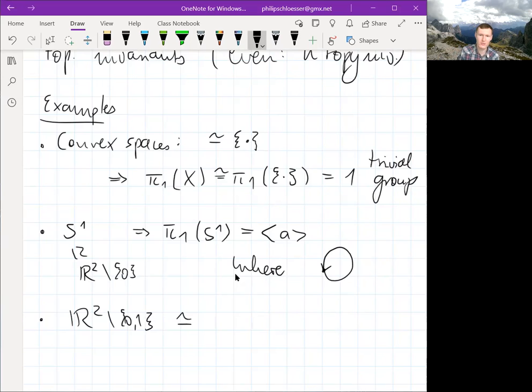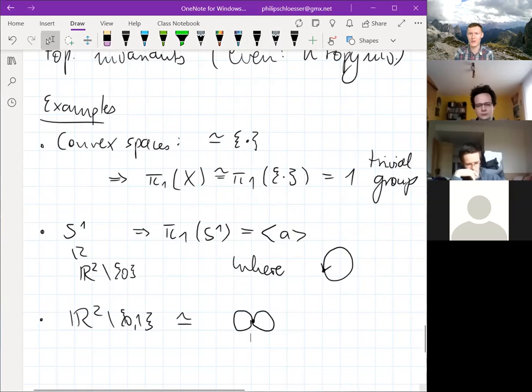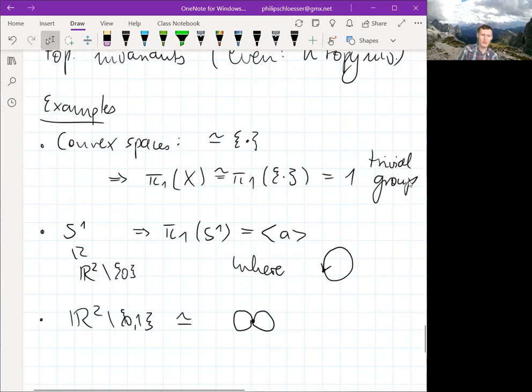So this thing is homotopy equivalent to the space consisting of two loops that are glued together in one point, by, if you have your points here, then you push everything here outside, and everything outside you push towards one of the circles.